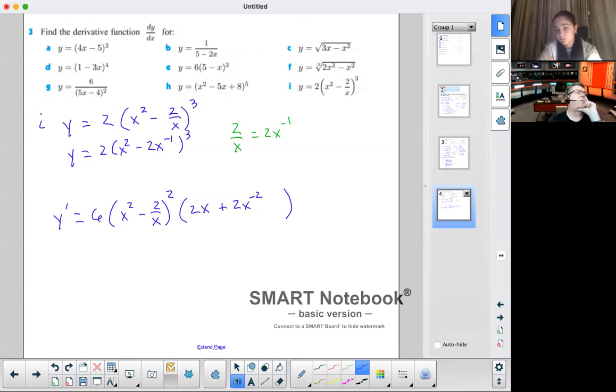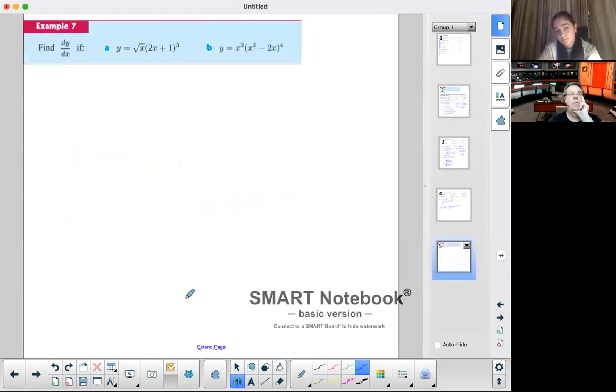Okay, so the product rule actually on your formula sheet is not bad. The product rule comes up when you have two functions that are being multiplied together, like these guys.